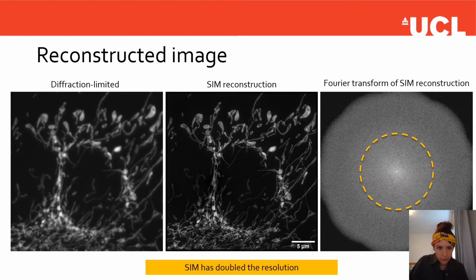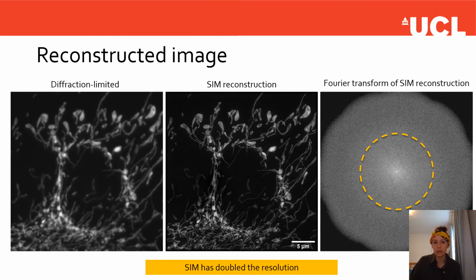For example, we can have a look at the fine detail over here. You can see that we're beginning to see the lumen of these mitochondria, for example. Then if we have a look at the Fourier transform, so the frequency domain image of our SIM reconstruction, you can see that we're now filling up much more frequency space, right? So this dashed circle was the original resolution limit of our image.